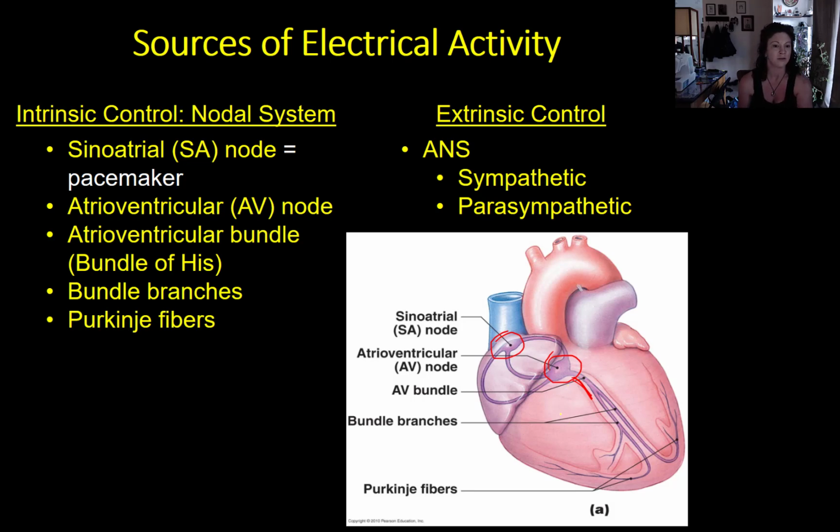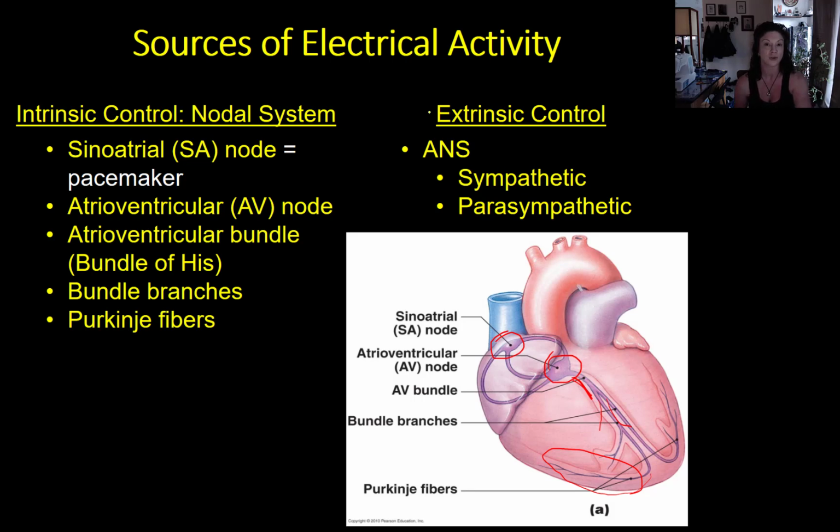It's sometimes called the bundle of His. I tend to use AV bundle. You can use either one. Bundle branches are what stem from the bundle itself, and these in turn connect to these very fine filaments down here, which are called Purkinje fibers. Now we'll get back to that in a second. That's your intrinsic control system.